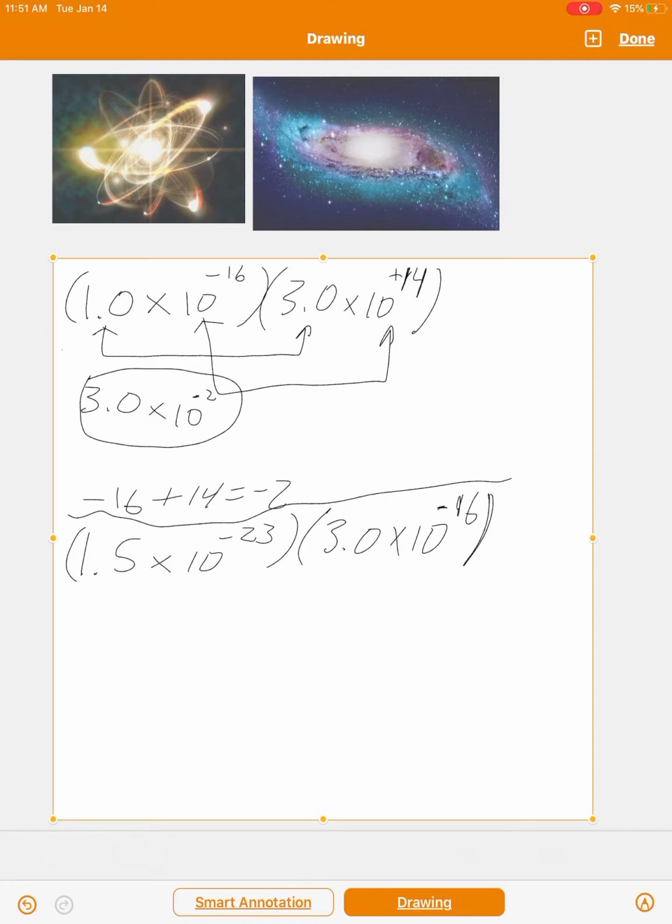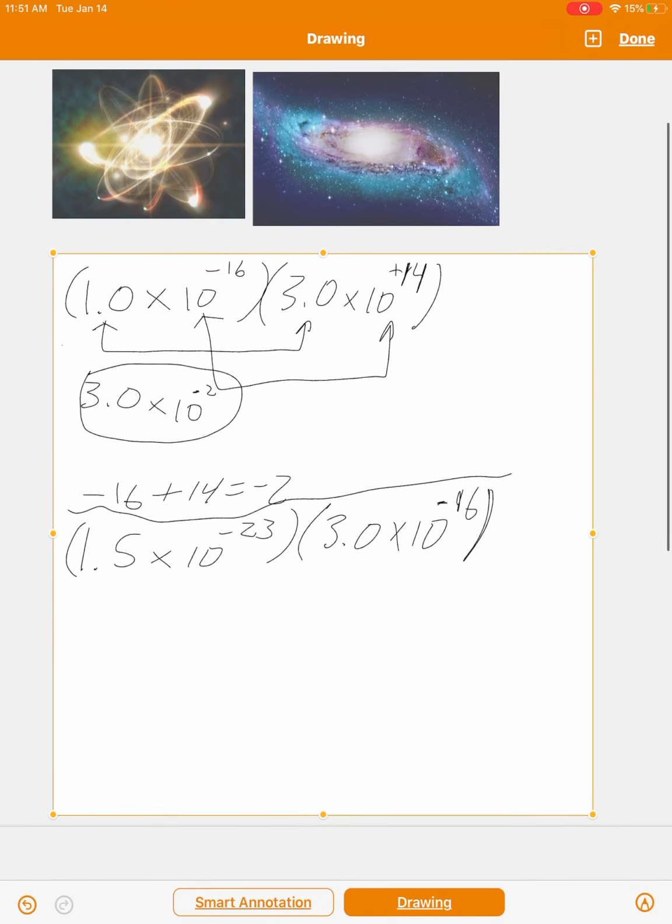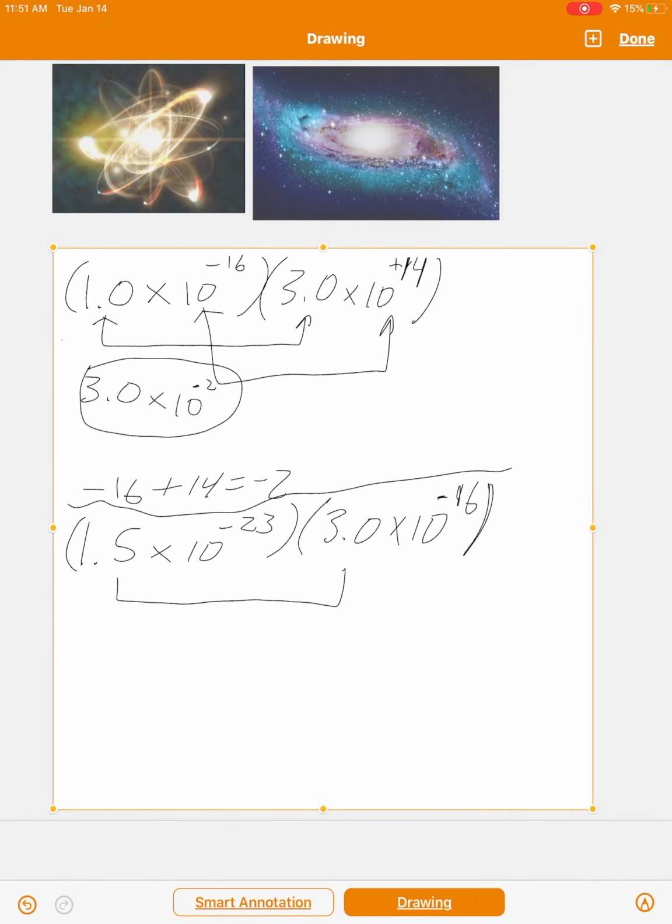Okay? Again, you have these really crazy numbers, 10 to the minus 23, 10 to the minus 16, but in the sciences, those are not crazy numbers. Those are numbers that you might see in a calculation because we are trying to measure things like the sizes of atoms, masses of atoms and molecules. So these are really small numbers. Again, same idea. You take the decimal numbers and you multiply them. So 3 times 1.5 is 4.5.